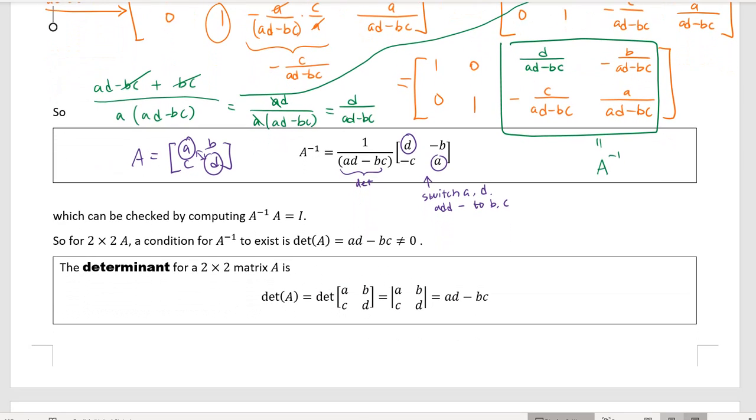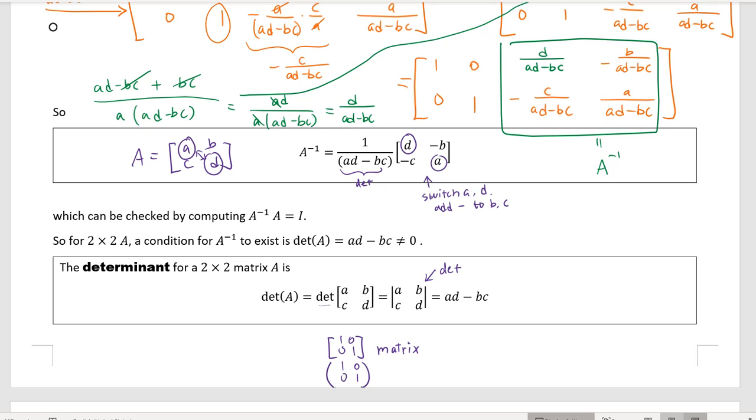Okay, and the determinant for a 2 by 2 matrix is AD minus BC. So for the notation, you either put determinant and then you have the brackets. By the way, brackets mean this is a matrix. Sometimes parentheses also mean this is a matrix. So these two forms all represent matrices. But if you put the absolute value bars, it means determinant.